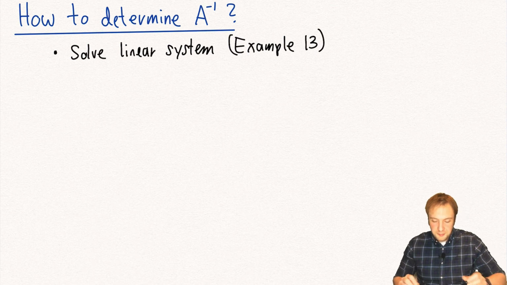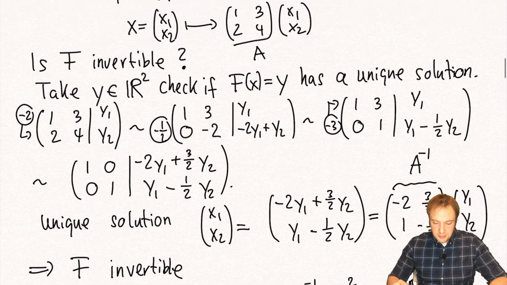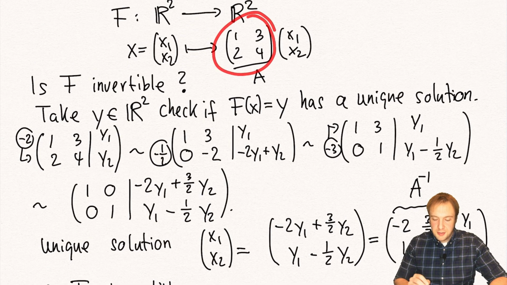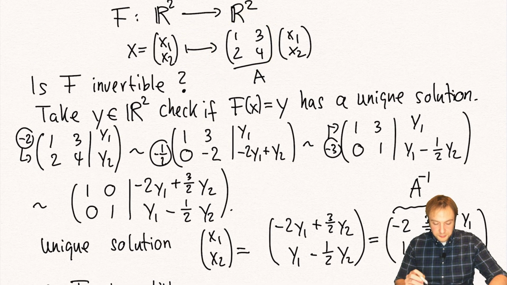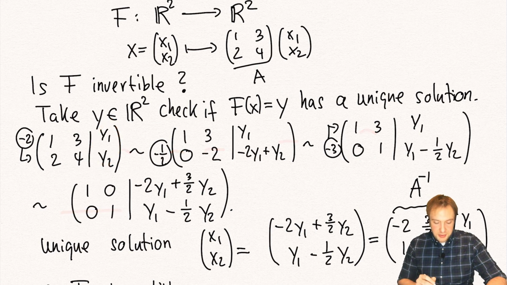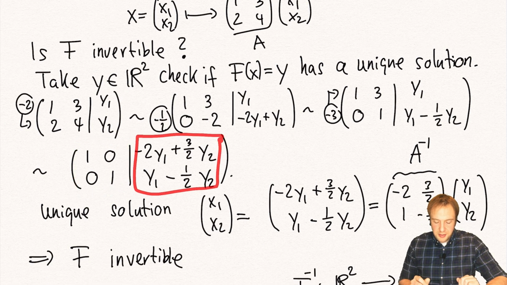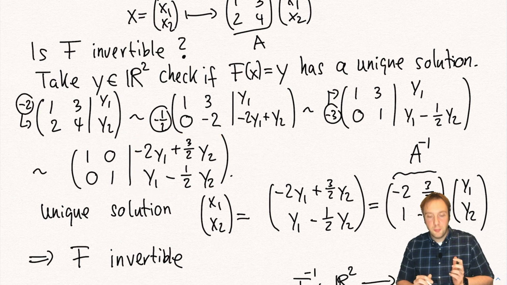And similar to this, but a little bit more systematic, maybe let's go back to this calculation here. If I started with this matrix and asked how can I calculate the inverse, then I can write it on the left side, and here I write an arbitrary vector y1, y2, do these row operations, then end up with the identity matrix, and on the right hand side I have this vector which has entries depending on y1 and y2.